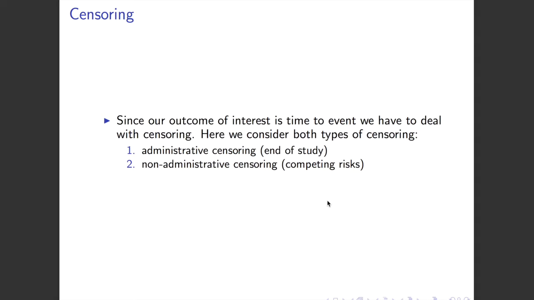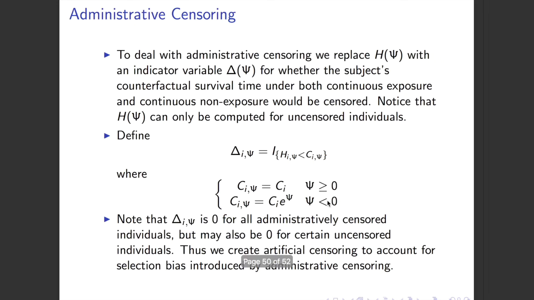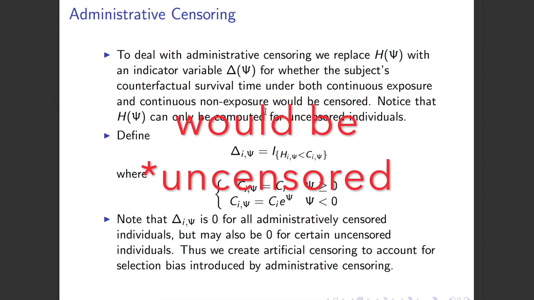And in this G estimation setting, we have different techniques to deal with these two types of censoring. So first, to deal with administrative censoring, we replace this H psi with another indicator, delta psi, for whether the subject's counterfactual survival time under both continuous exposure and continuous non-exposure would be censored.